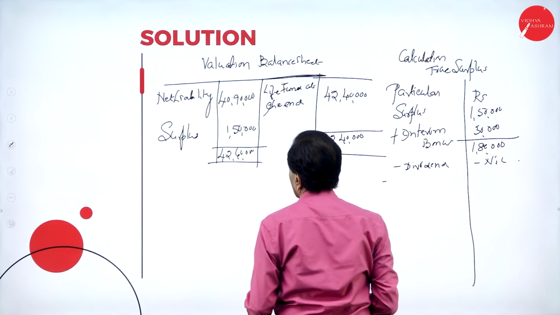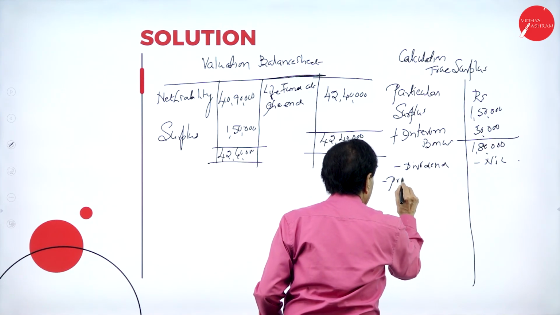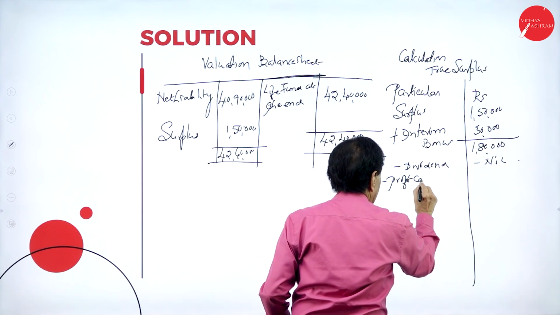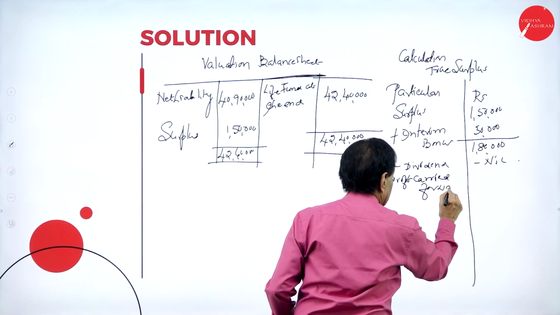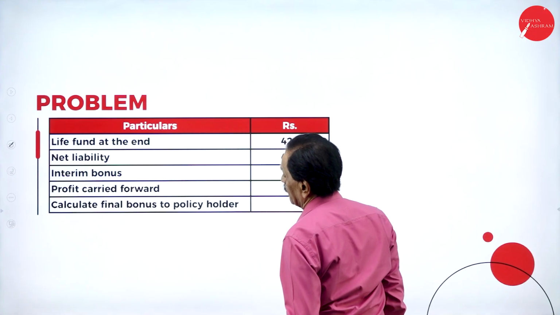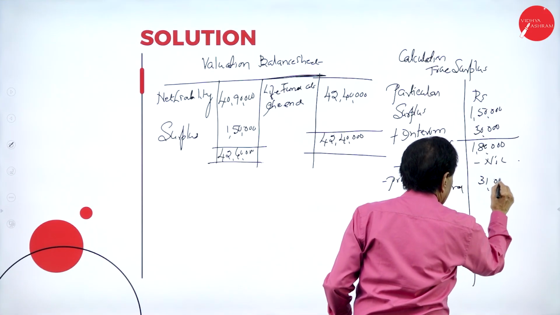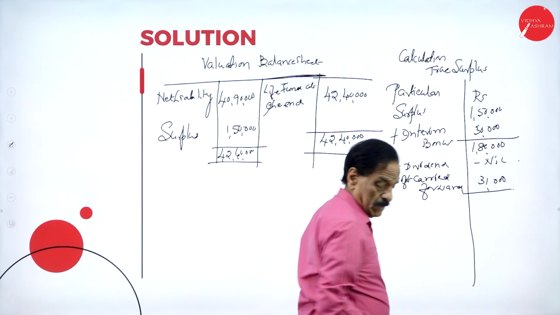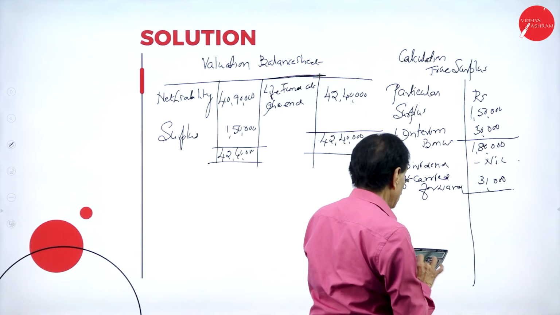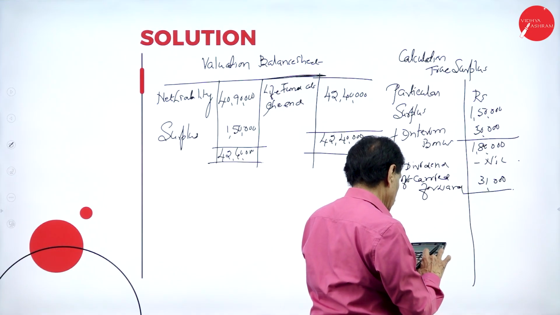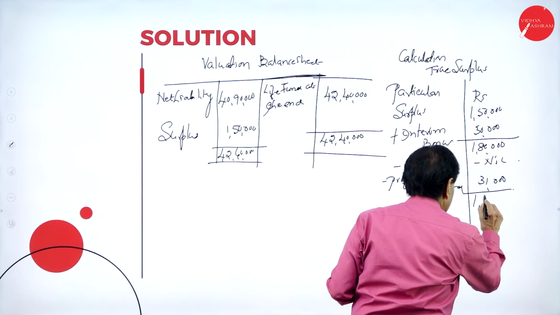Minus profit carried forward, 31,000. So 1,80,000 minus 31,000 is 1,49,000.